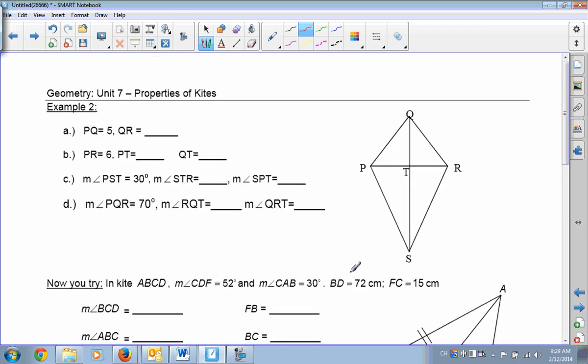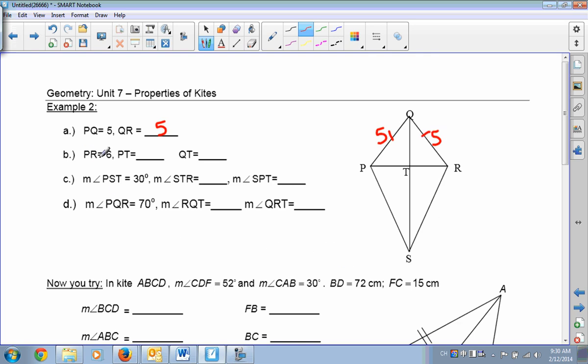Okay. All right, example 2. Now we actually have some values, don't we? Okay, PQ is equal to 5. So this is 5. So what is QR? It's also 5, because these two are congruent, right?